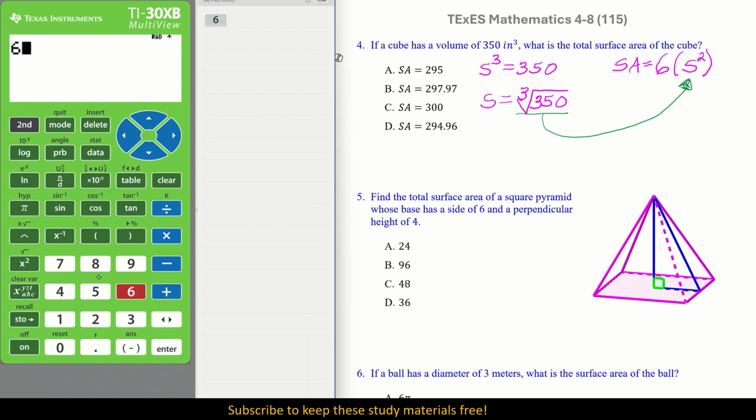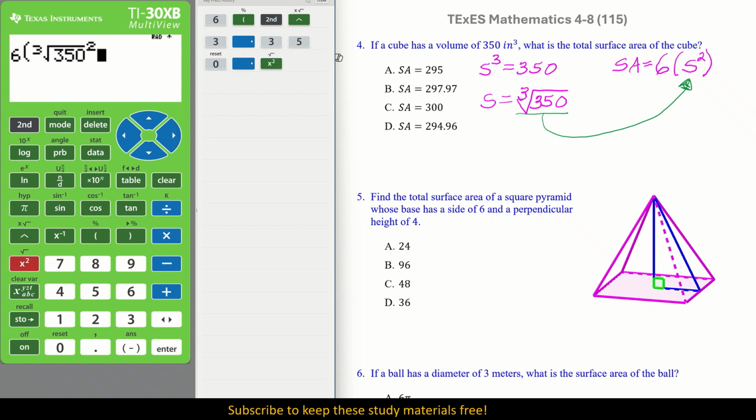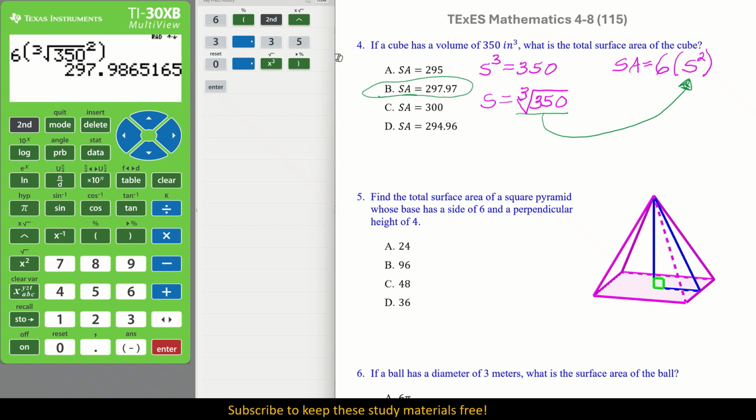So we have 6 parentheses, and I want you to do second, pair it up, type in the cube root we need, which is 3, and then the 350. This will get our S for us. 350, arrow over, and I want you to square that. Close your parentheses, push enter, and now we have the value we need with a little bit of rounding. It's option B. Okay? All right.